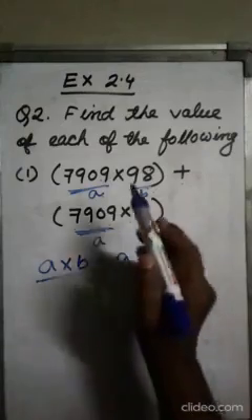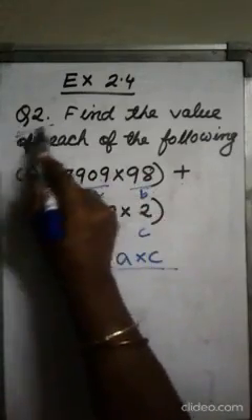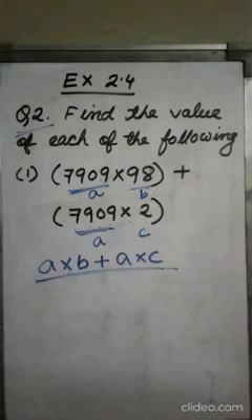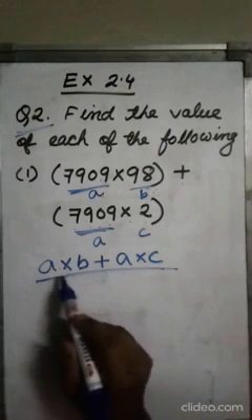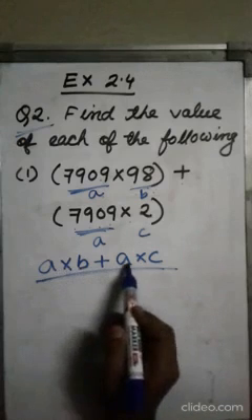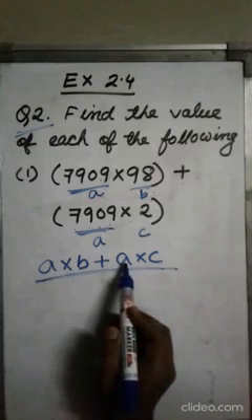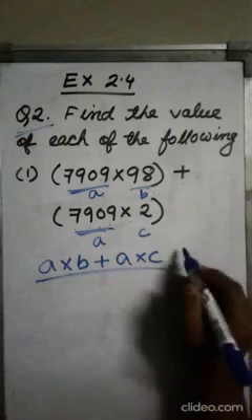So question number 2 is based on distributive property of multiplication. So here you can see this is nothing but distributive property of multiplication over addition.